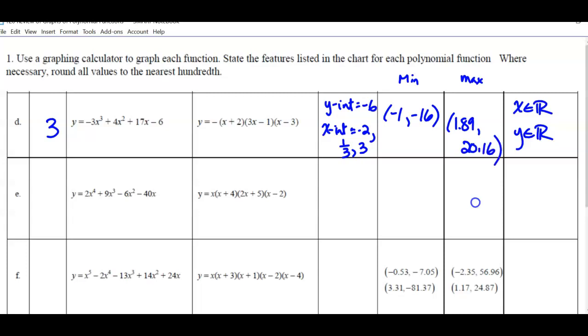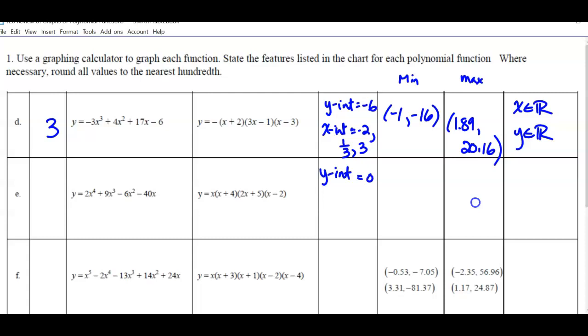Okay, so then we get into degree 4. Take a look here when it's factored. It actually has a factor of x, right? So in terms of our intercepts, there is no constant term, so the y-intercept is 0, okay?